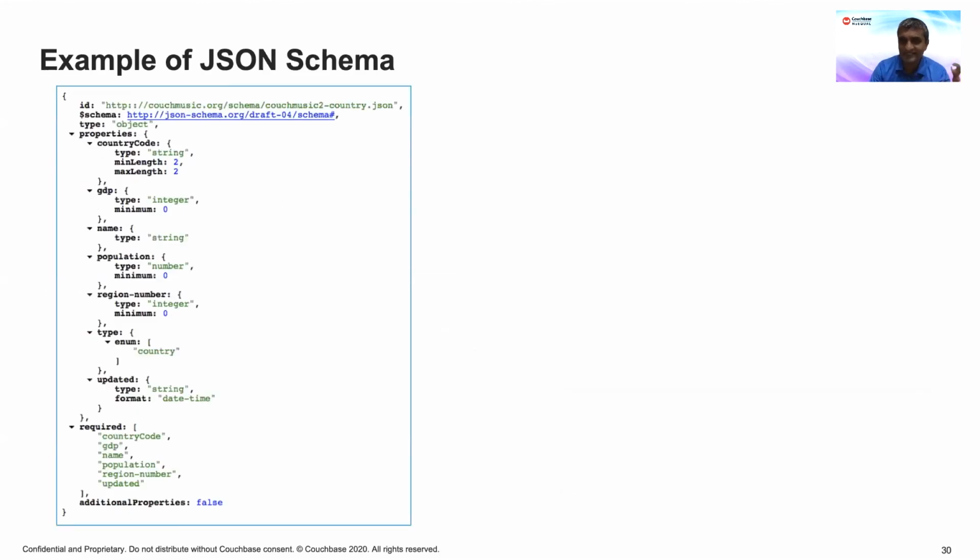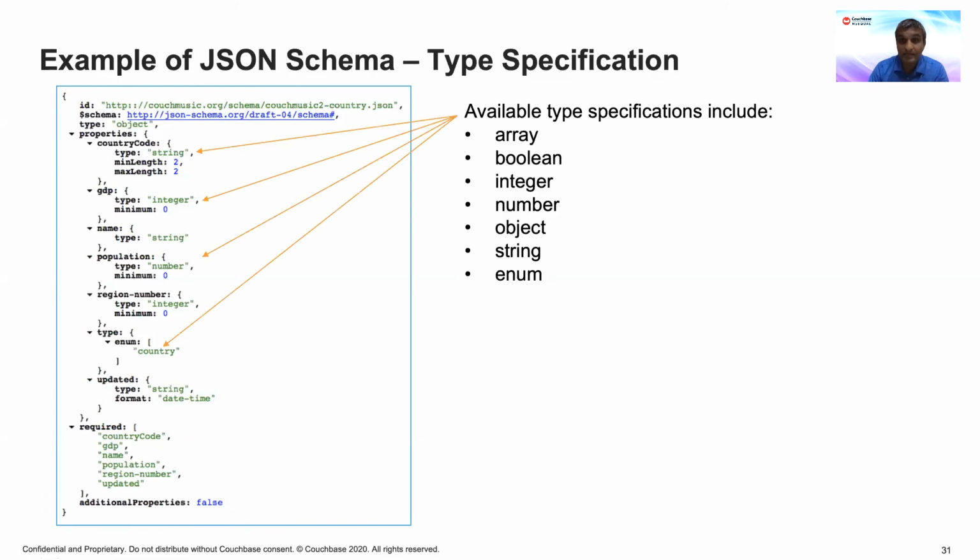So this is a JSON schema, which is in JSON format itself, for country, right? You can see here I've specified the different attributes, like country code, GDP, name, population, and I've given them different data types. For example, I can have different type specifications, like string, array, integer, boolean, enumeration, or so on, right?